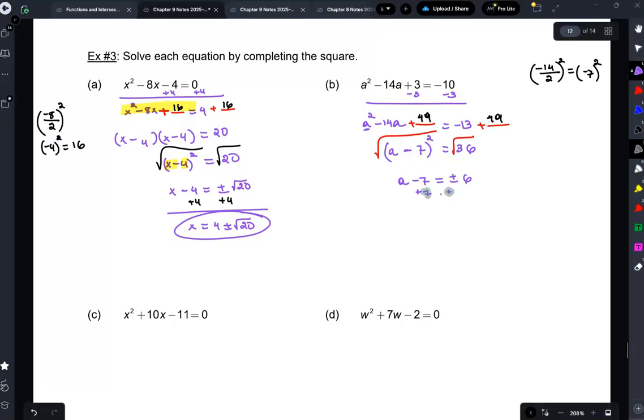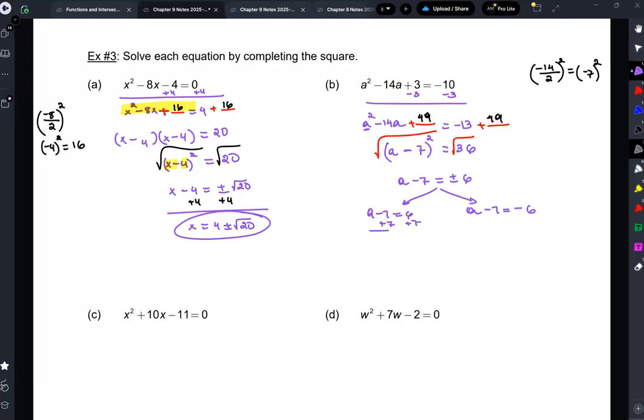Oh, sorry, I'm not going to add 7 yet. A minus 7 equals positive 6. A minus 7 equals negative 6. Add 7. A equals 13. A equals 1. That's a lot, right?